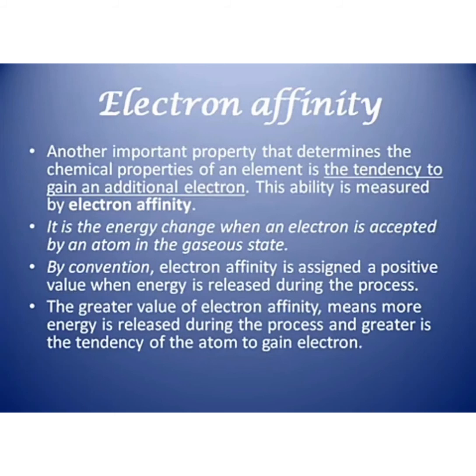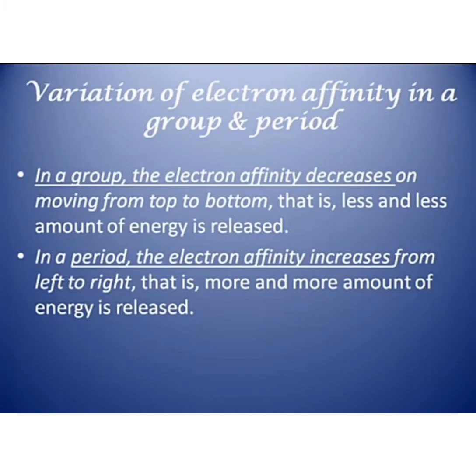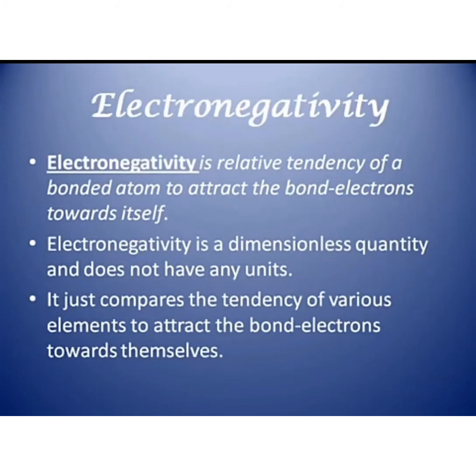The greater value of electron affinity means more energy is released during the process and greater is the tendency of the atom to gain electrons. In a group, the electron affinity decreases on moving from top to bottom. That is, less and less amount of energy is released. Whereas in a period, the electron affinity increases from left to right as more and more amount of energy is released.